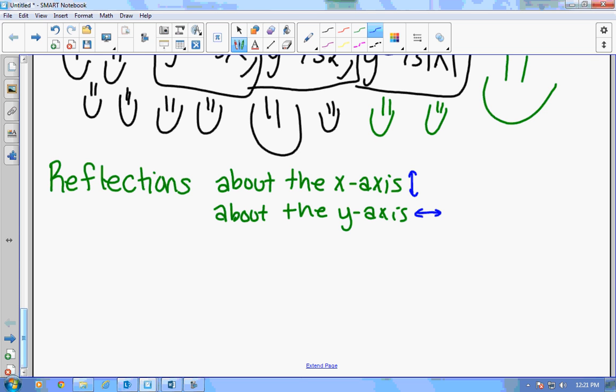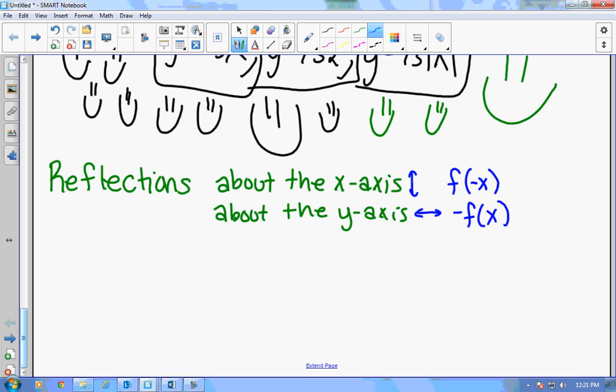Okay, so here's the new part. If we are to rewrite an equation that's been reflected about the x-axis or about the y-axis, something happens to the function. About the y-axis, the x becomes negative. But when you flip it about the x-axis, not just the x, the entire function becomes negative.